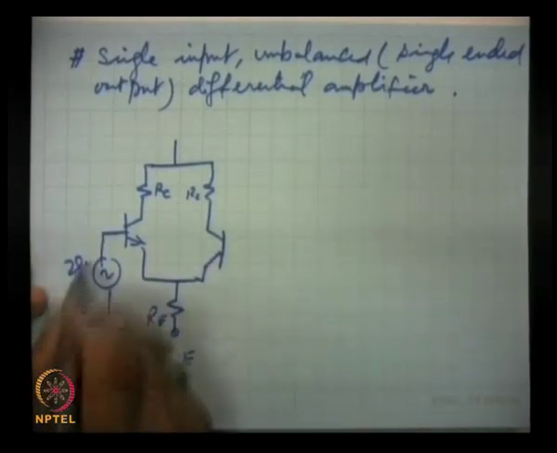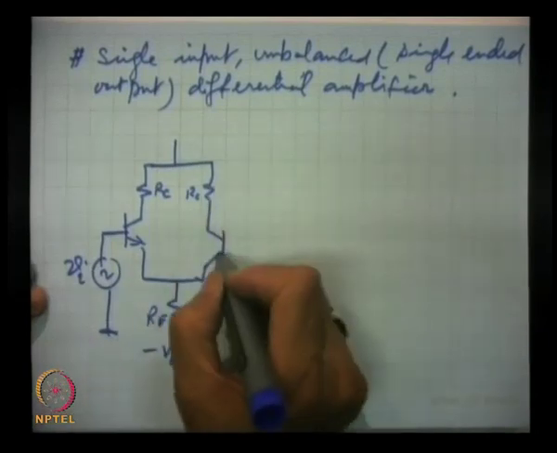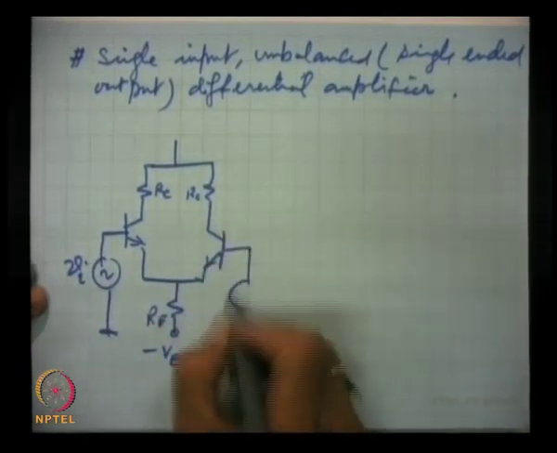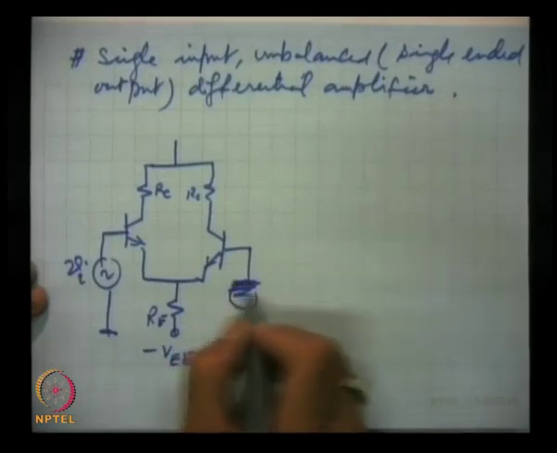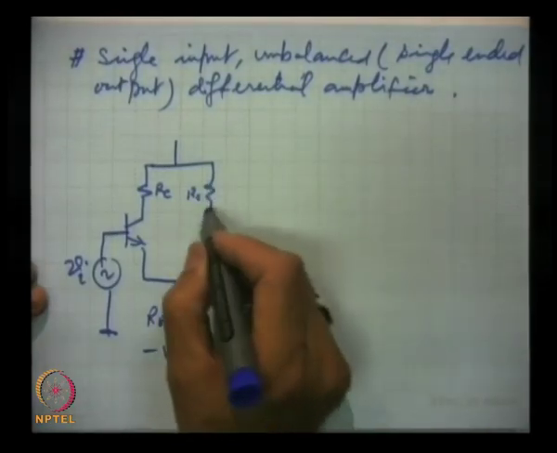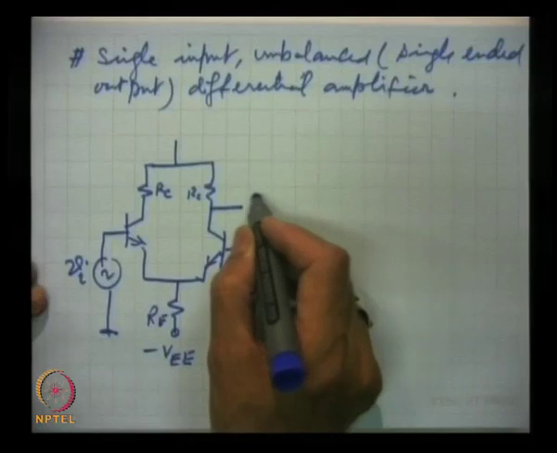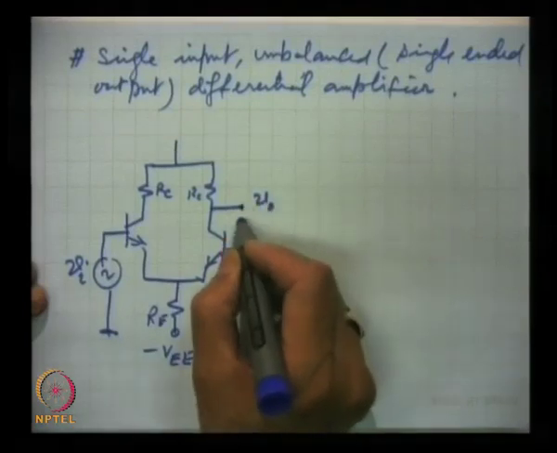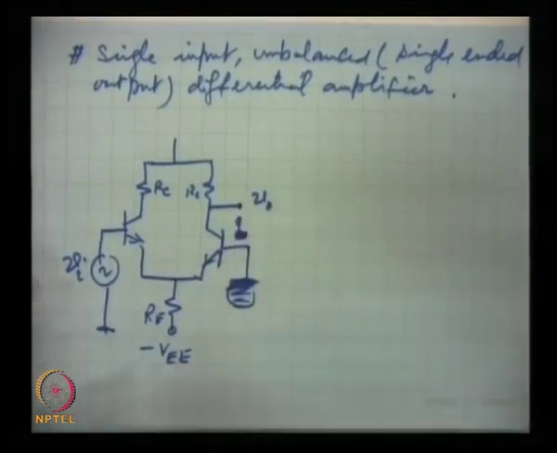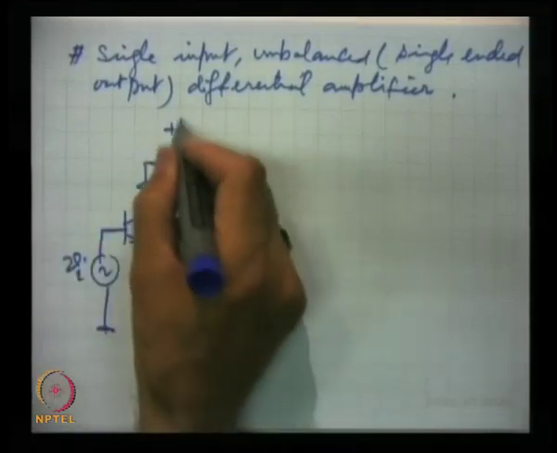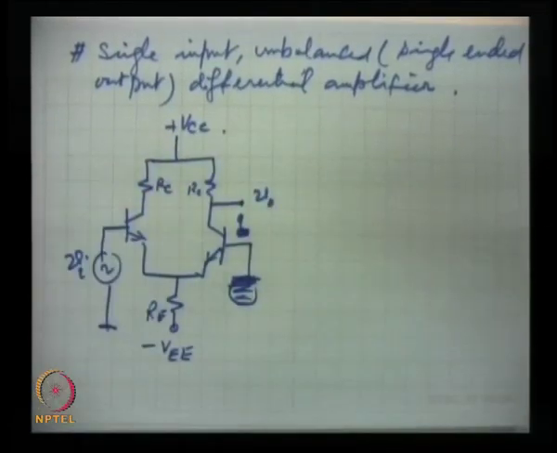This is the input signal, and this is grounded, and output is taken from here, V out with respect to ground. This is the single ended unbalanced output.